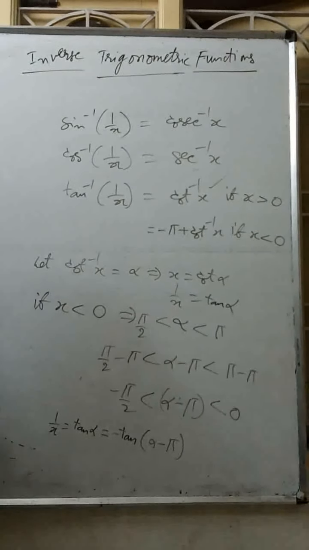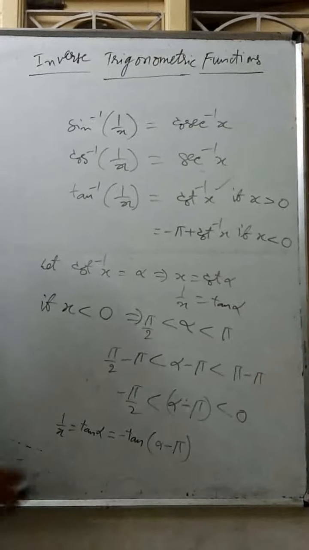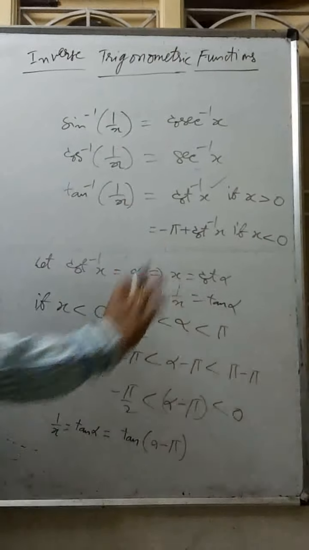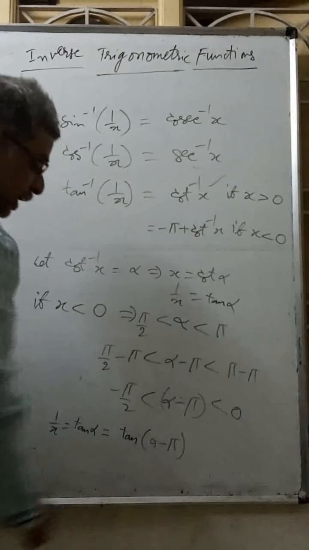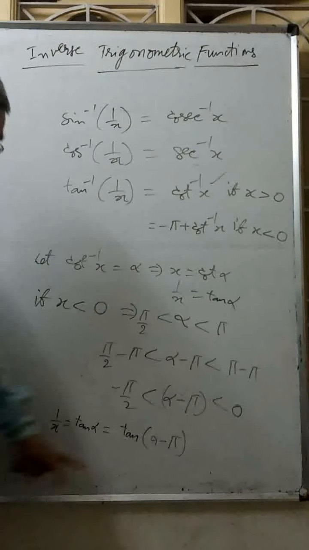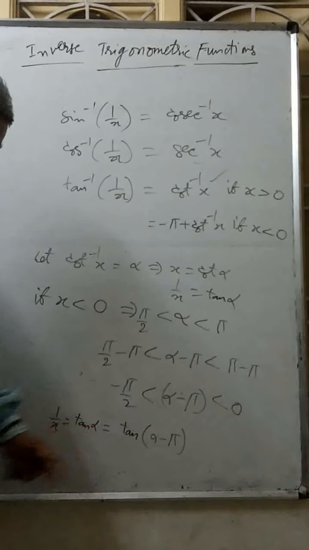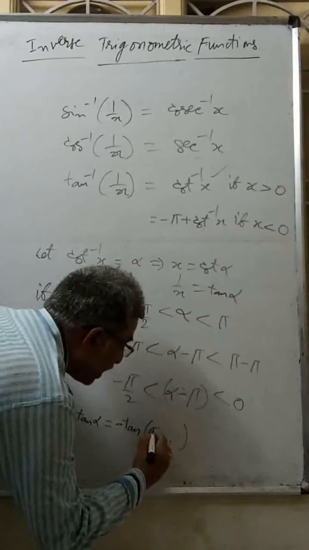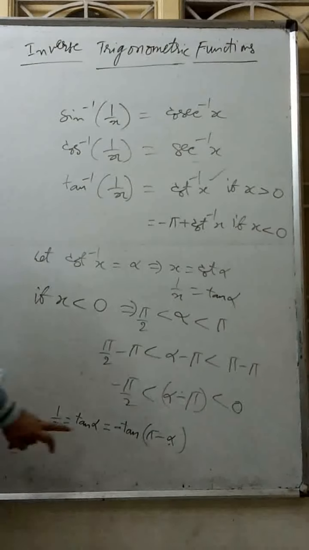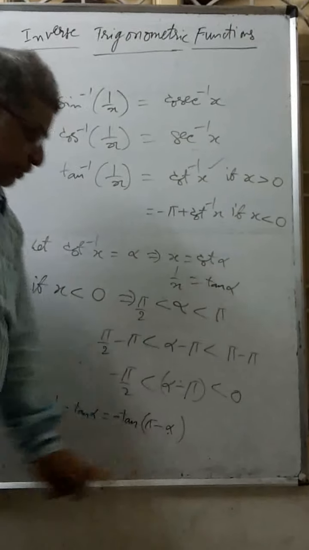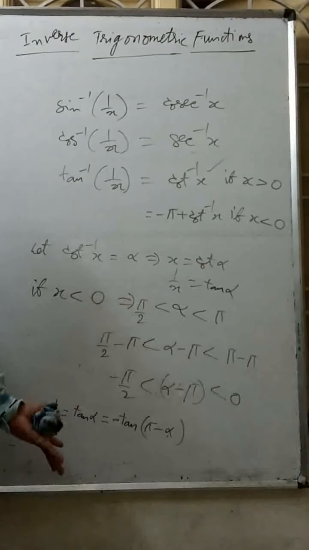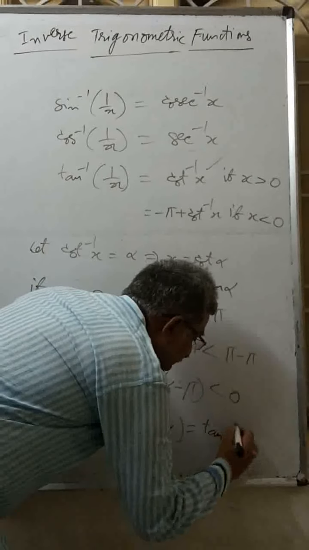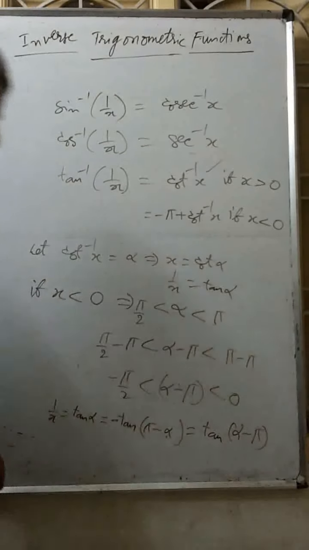So tan alpha can be written as minus tan of pi minus alpha, which is minus tan of 180 minus theta. Minus of minus becomes plus tan theta only. Now if I bring this minus inside, this becomes tan of alpha minus pi.